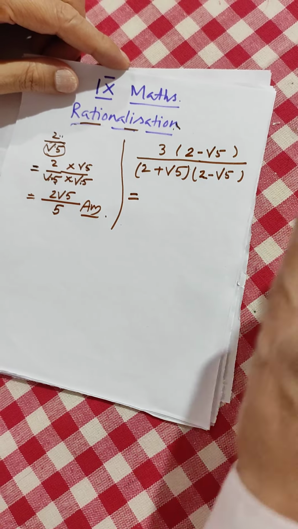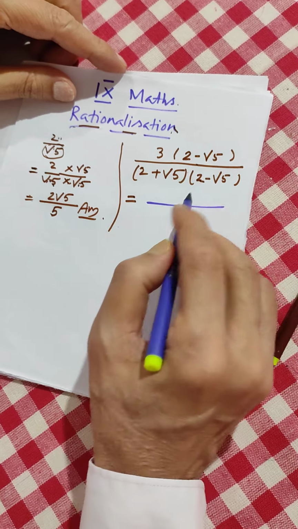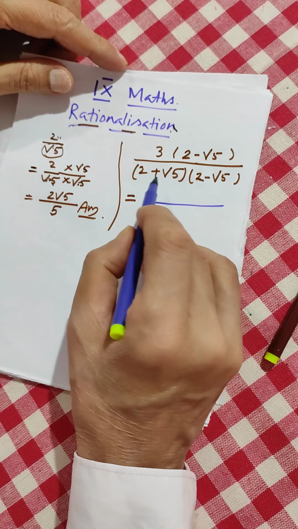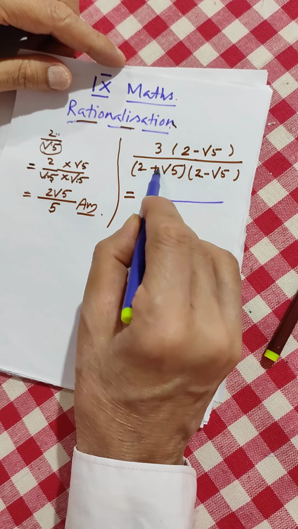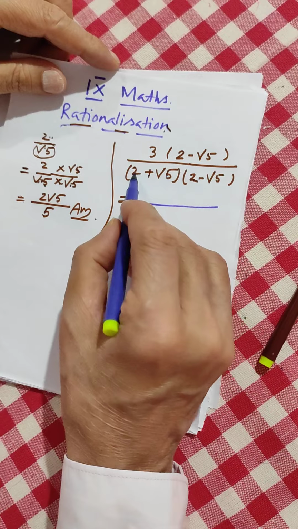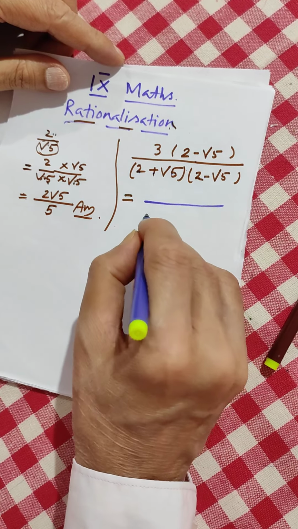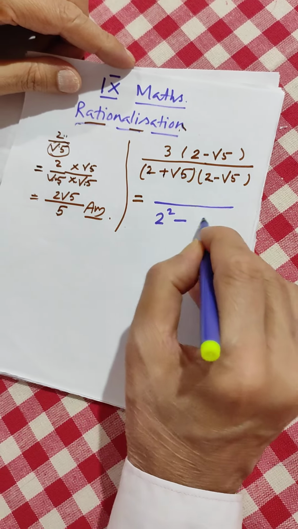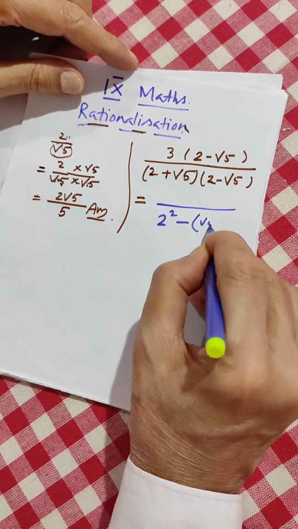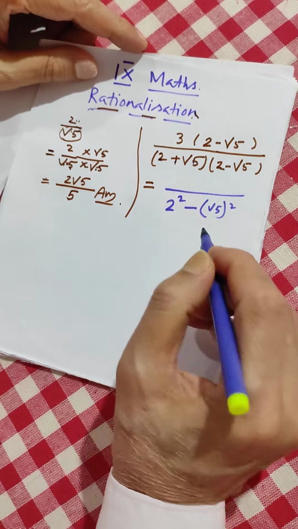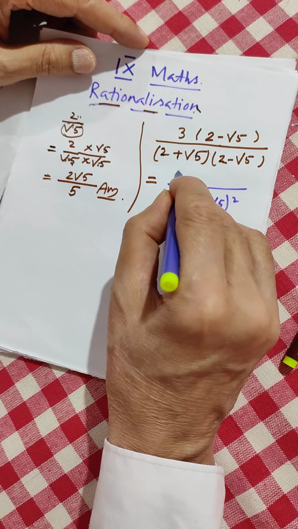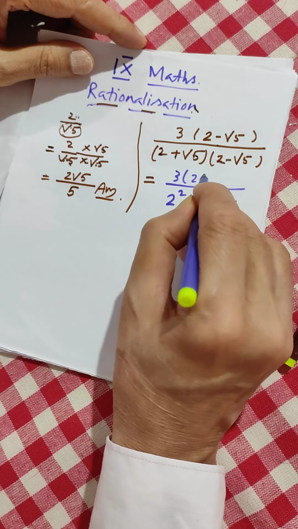Alright. Now why do you multiply by 2 minus root 5? Because now you can use the formula (a plus b) into (a minus b). Now (a plus b) into (a minus b), as you know, is a square minus b square. Now b here is root 5. Alright. Now the numerator is 3 into (2 minus root 5).